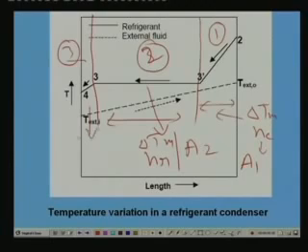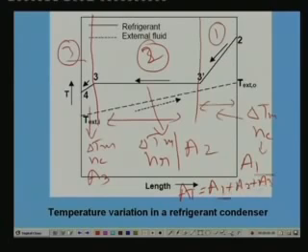And similarly, for the subcooling region you find out what is the delta T mean, and you find out the single phase heat transfer coefficient, and again find out what is the heat transfer area required for subcooling, and the total area A total is nothing but A1 plus A2 plus A3. Okay. So, this procedure will give you the more accurate condenser area requirement, but as you can see the process is quite complicated. Okay.